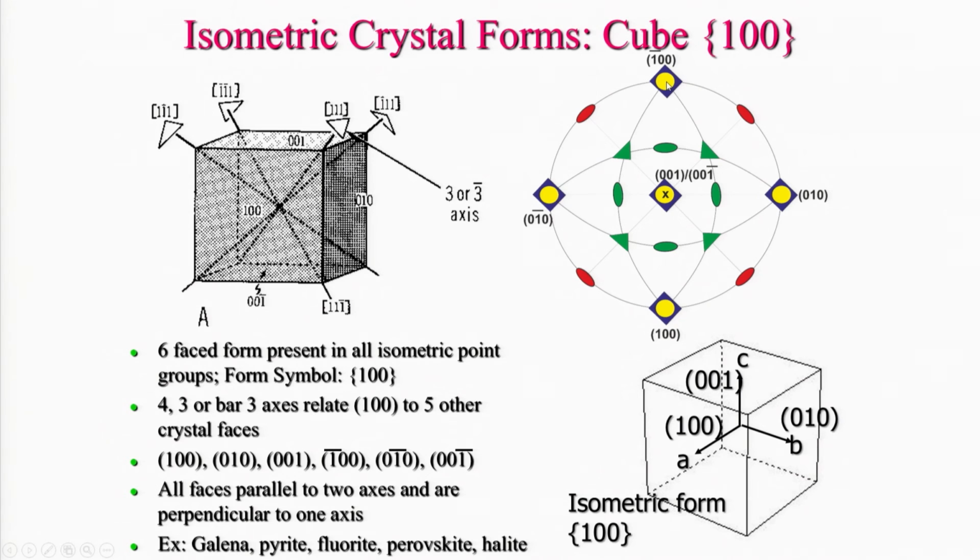This is the negative direction of a1 axis. So, it will have a symbol of bar 1 0 0, and then this threefold axis of symmetry can act upon this, and it can be regenerated here. This position is the negative direction of a2 axis. So, you will have the position here as 0 bar 1 0.